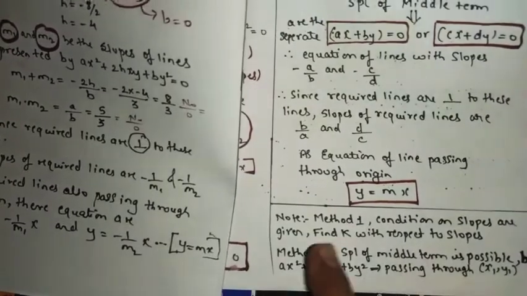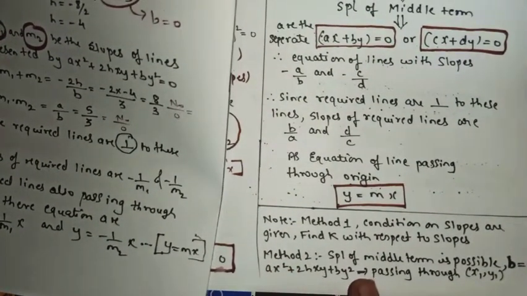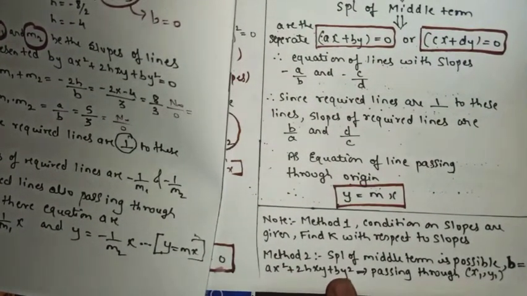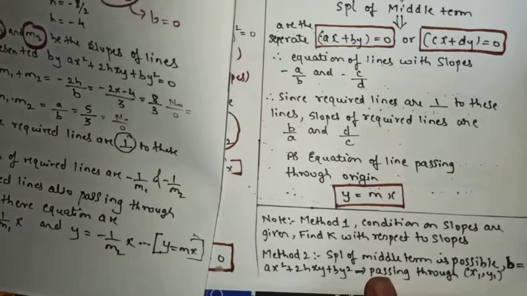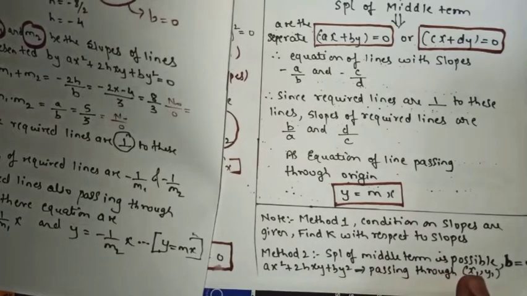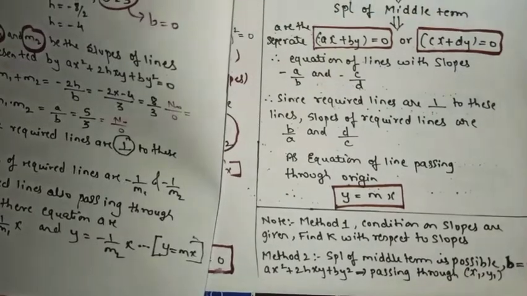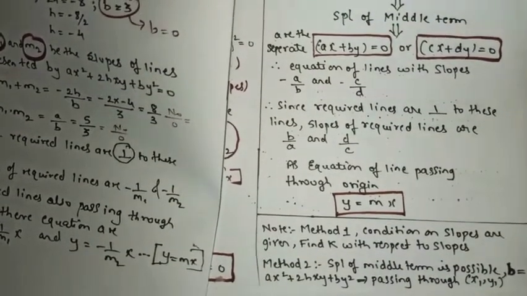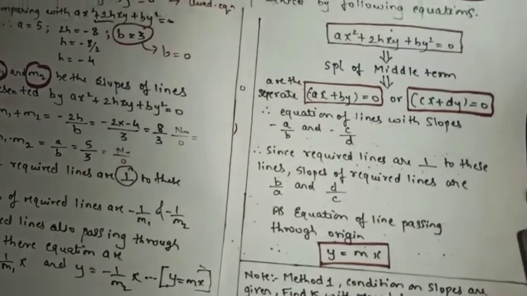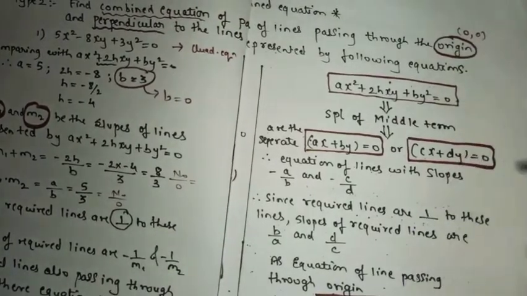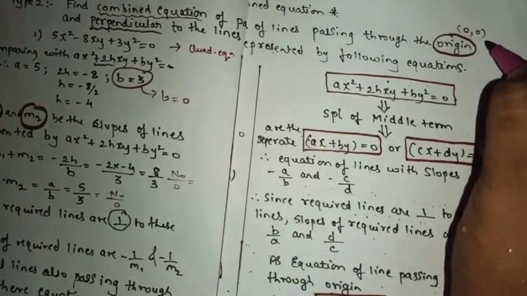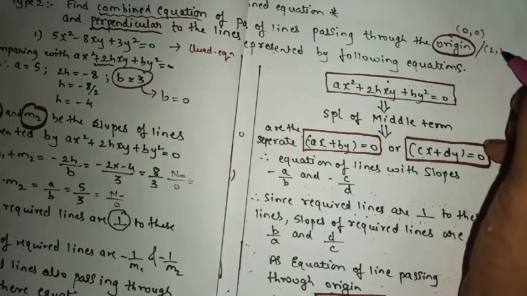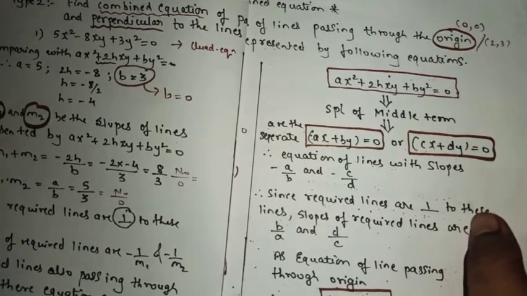And there is one more point. If we have a quadratic equation and in the question it is given that it is passing through some point, point means x1 comma y1, but instead of passing through origin, they say it is passing through some point, that means 2 comma 3. Yes or no?